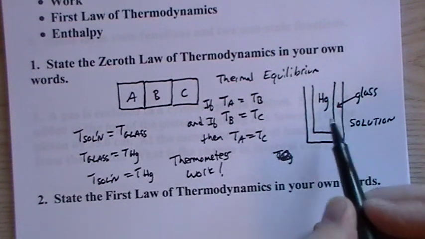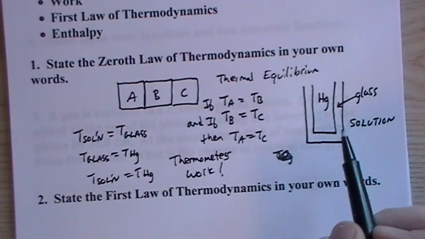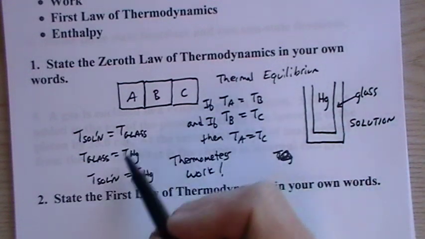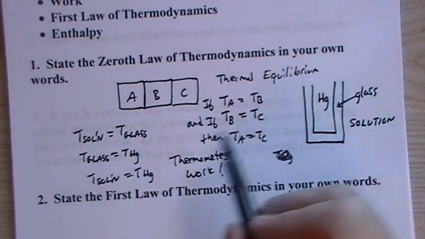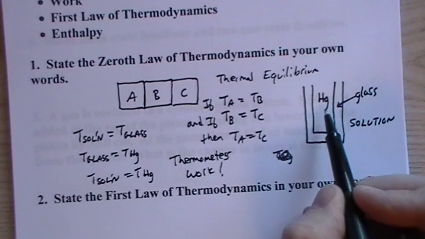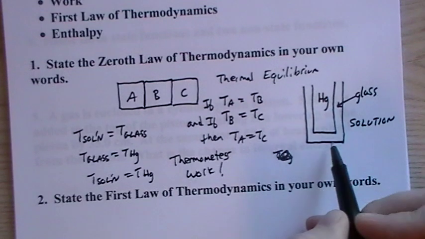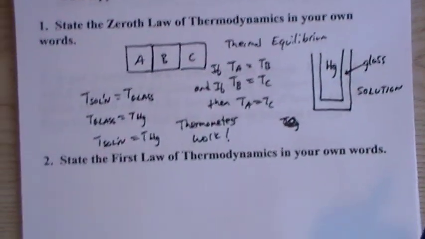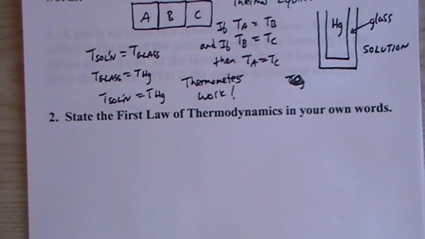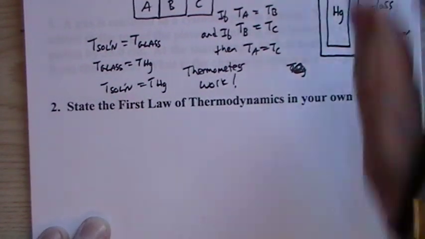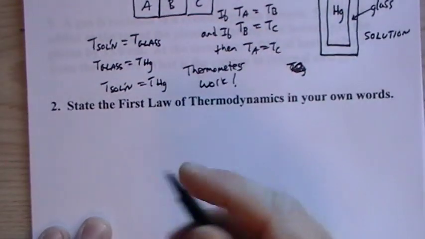We're looking at the temperature of the mercury. But with the zeroth law, we can be confident that if we are measuring the temperature of the mercury, we're also measuring the temperature of the solution. So very important. Seems trivial, but it is extremely important to do any kind of work in thermodynamics.